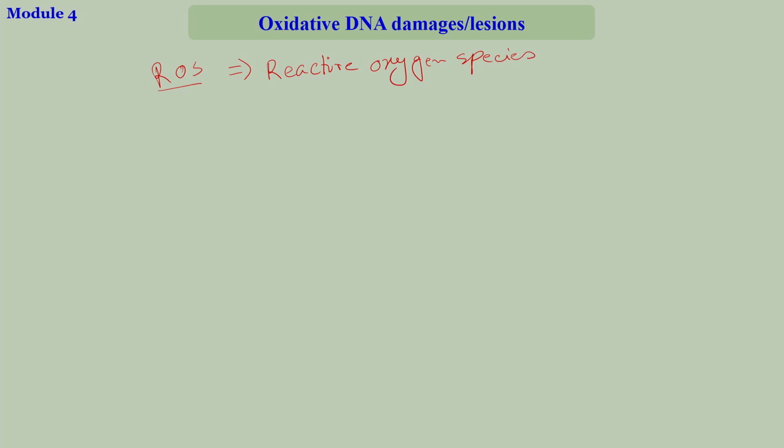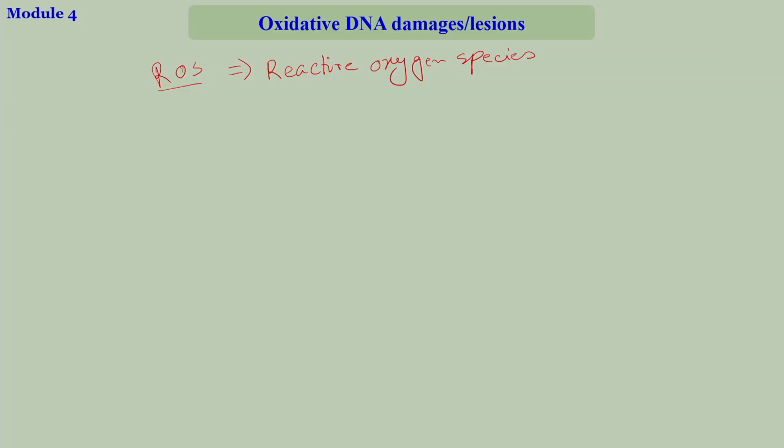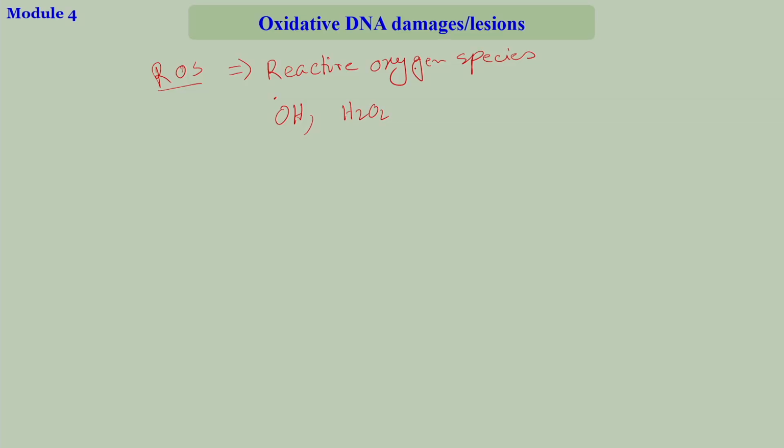What happens inside our cells is that a lot of radicals and a lot of peroxides are formed every now and then, because during the metabolic process a lot of radicals are generated. They are called reactive oxygen species, such as hydroxyl radicals, peroxides, or the radicals of the peroxides. And of course, when the radicals are formed, they are highly reactive. That is why it is called reactive oxygen species.